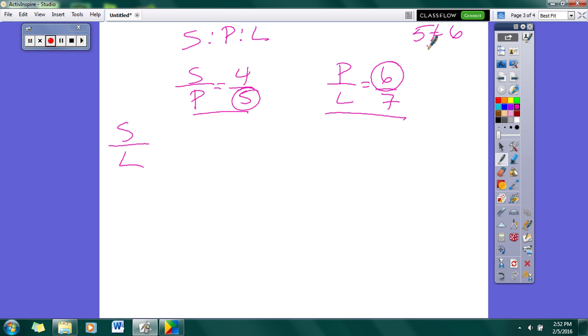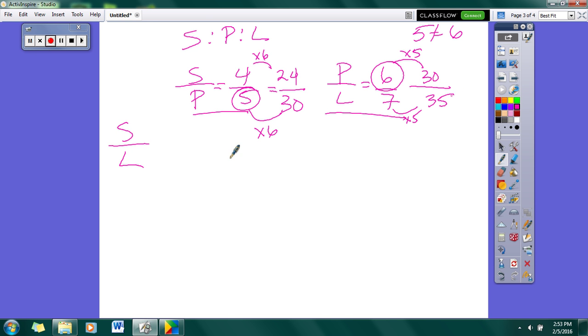So I want to think of a number that both 5 and 6 can go into. A number that's a multiple of 5 and 6 is 30. So I'm going to set this equal to 30. 5 times 6 is 30, and 4 times 6 is 24. I'm going to set this equal to 30, multiply this by 5, and I get 35.